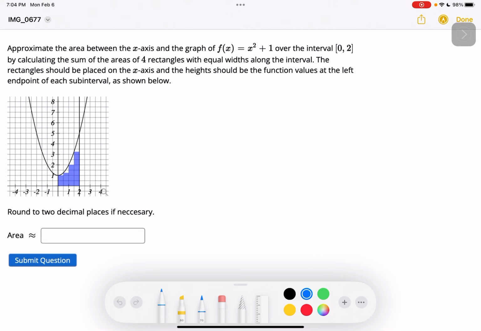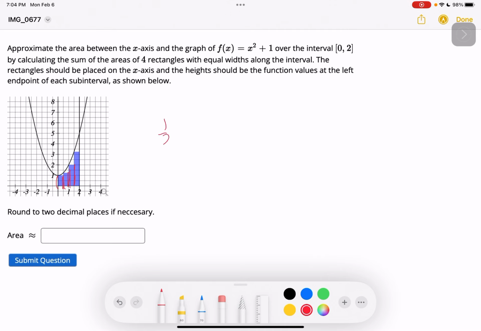Okay, so this first one, we're doing how many, 4? So let me go to red so it really shows out. We have one here, another one here, another one here, and there's the last one. So this first one has a height of 1 and a width of 1/2.